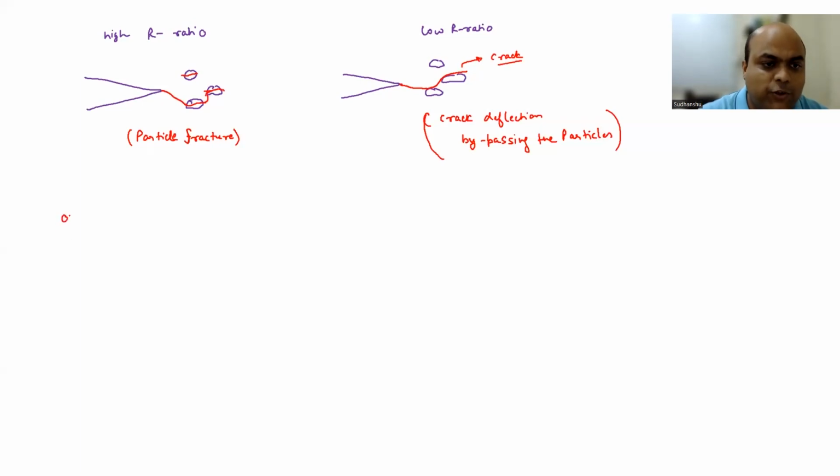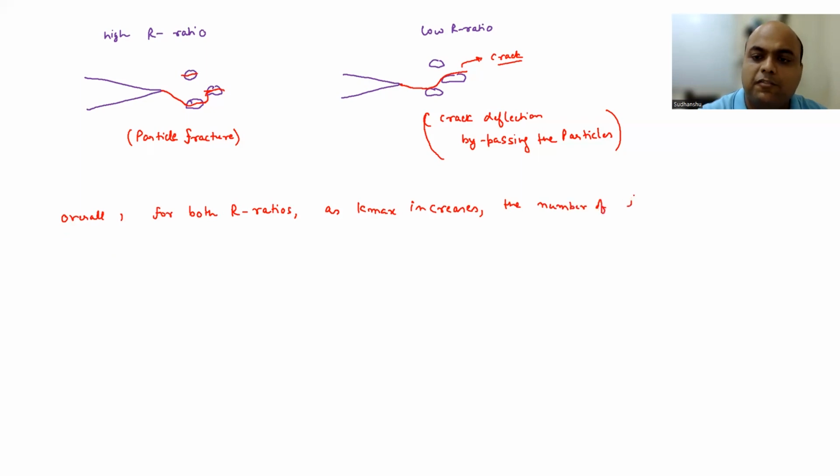So overall, what you observe is, for both R ratios, as Kmax increases, the number of fractured particles ahead of the crack tip also increases.